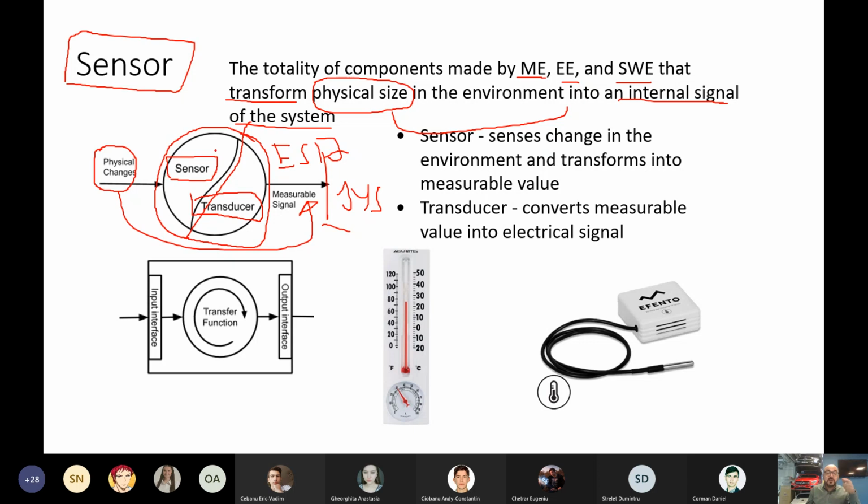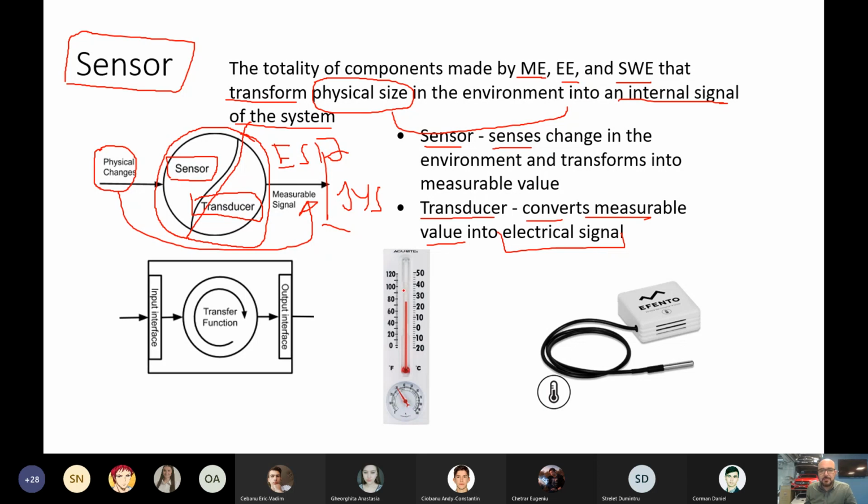Sensing is converting the physical changes into some changes in the material. The transducer is measuring those changes and converting them into an internal signal of the system. So the sensor is sensing, and the transducer is converting this measurable value into an electrical signal.